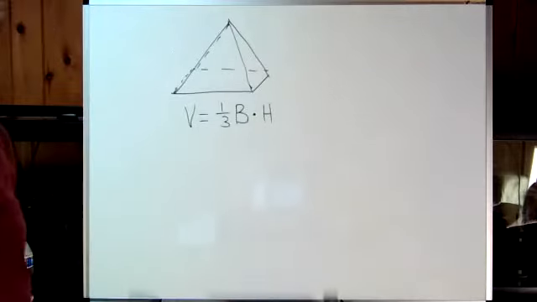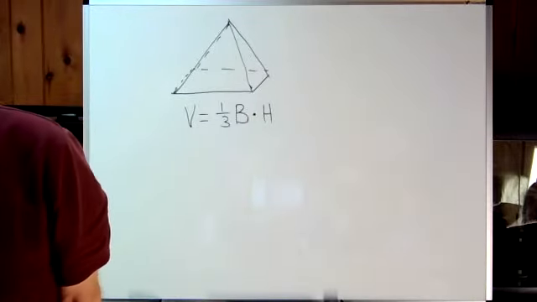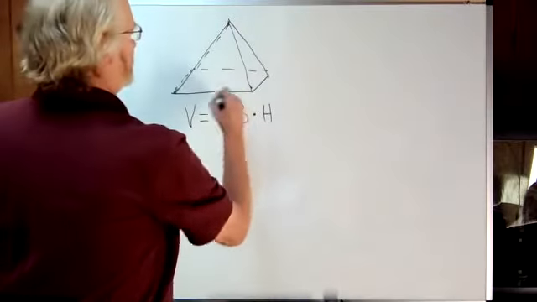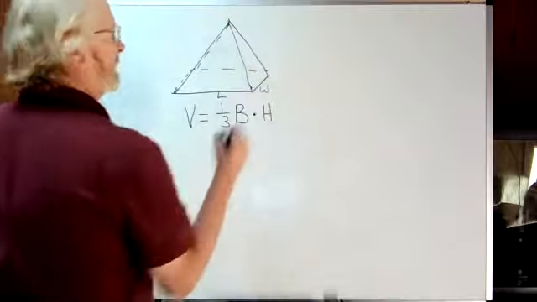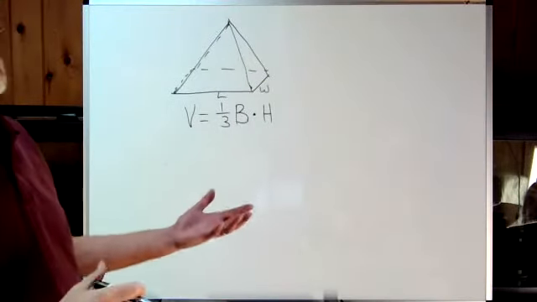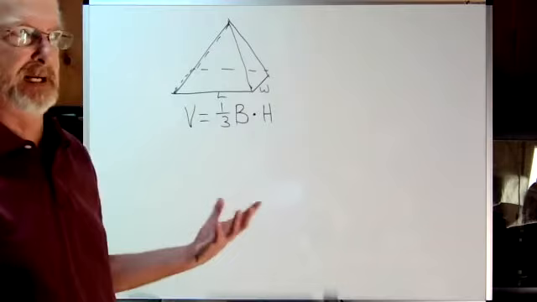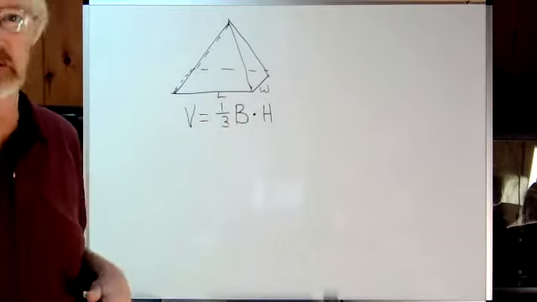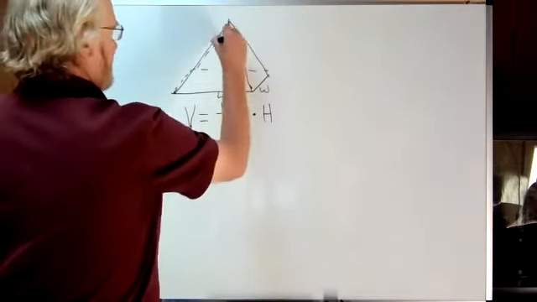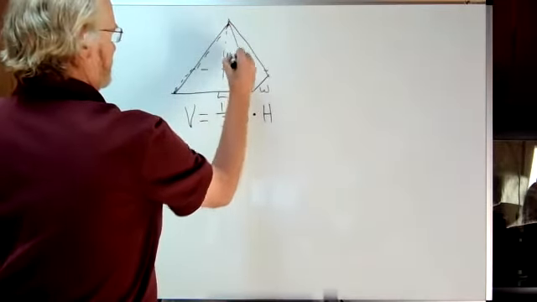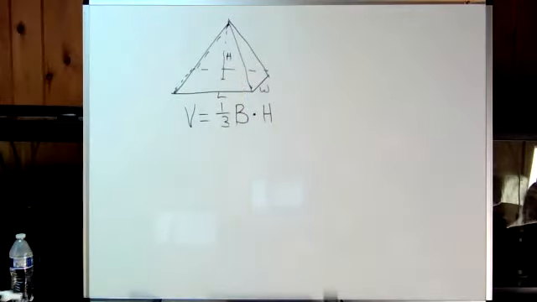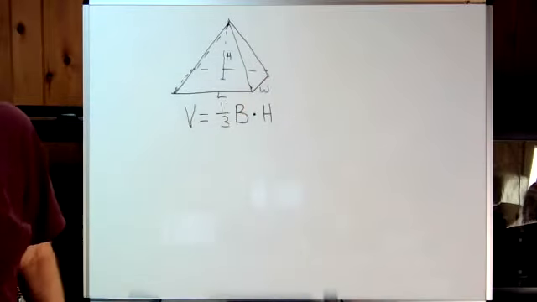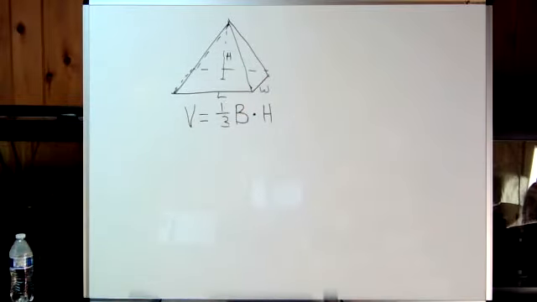Now, when we're talking about a pyramid, the base is that bottom there, and that's really a length times a width, but we'll always be presented with basically a square base. So the base is going to be those two numbers, and then your height, I'm imagining it going up through the middle, to some point right in the middle of that. So you've got to be given those dimensions, and then you can put the numbers in there.